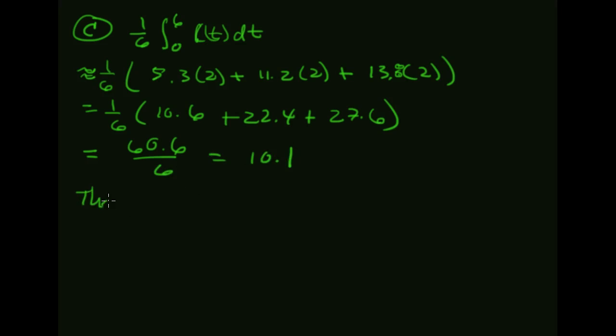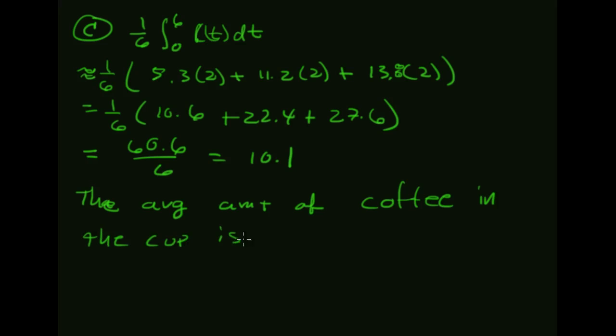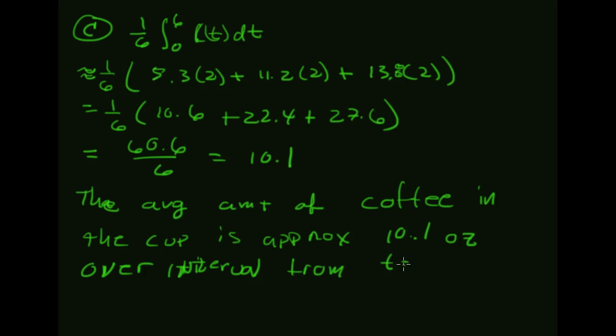So this means that the average amount of coffee in the cup is approximately 10.1 ounces over the interval from t equals 0 to t equals 6 minutes.